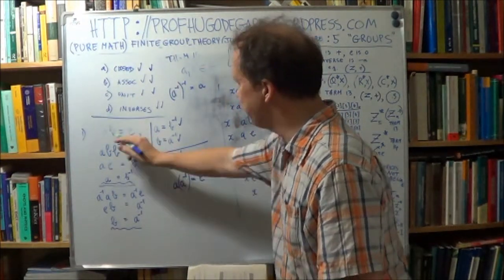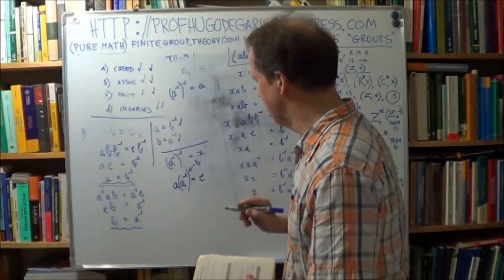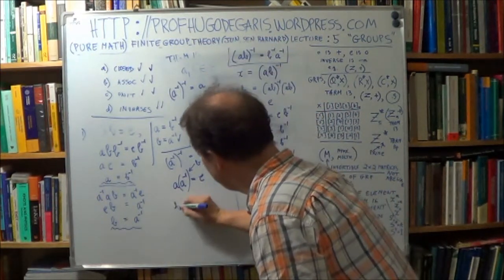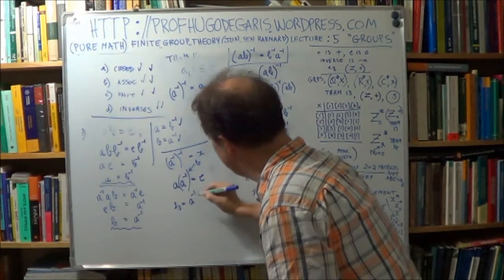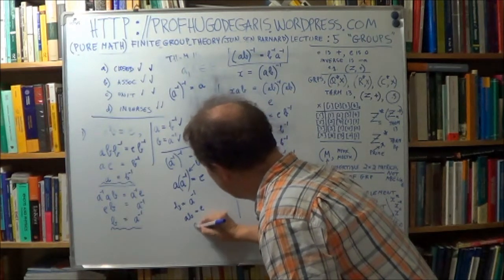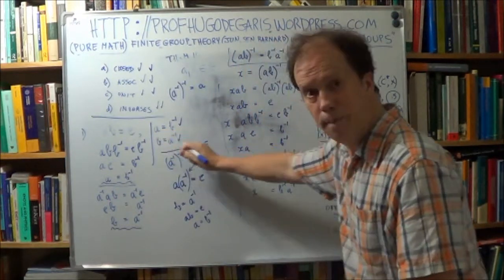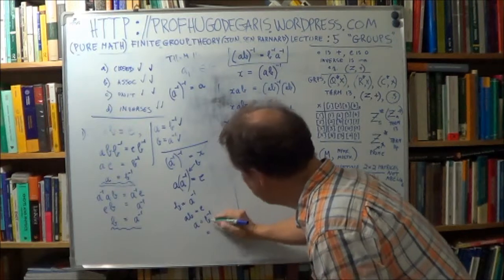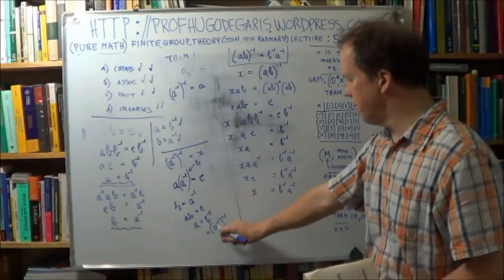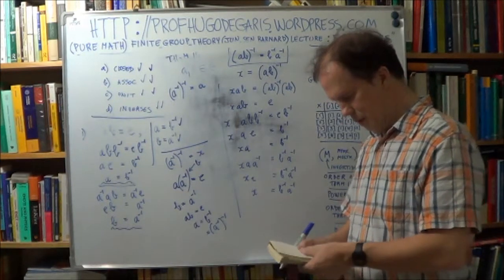Now from that we proved that B is the inverse of A. So let B be this, and AB is E. So therefore A is the inverse of B, right? There it is there. But what is B? Well, B is the inverse. So the inverse of the inverse is just the original. Okay.